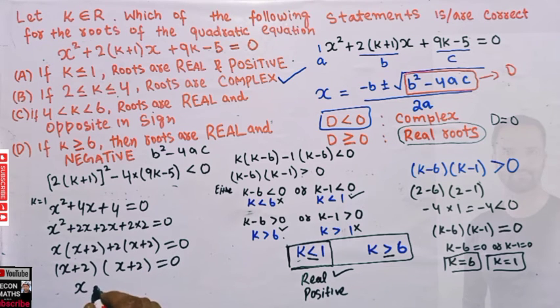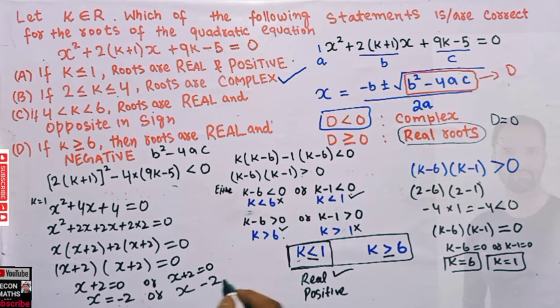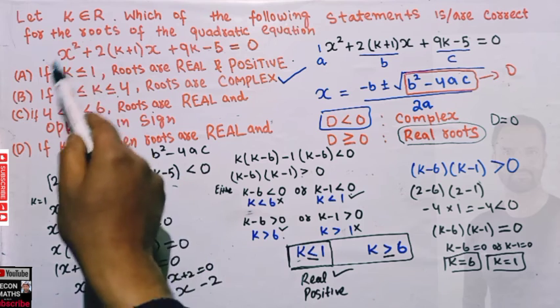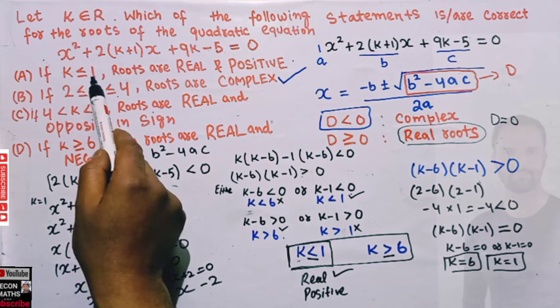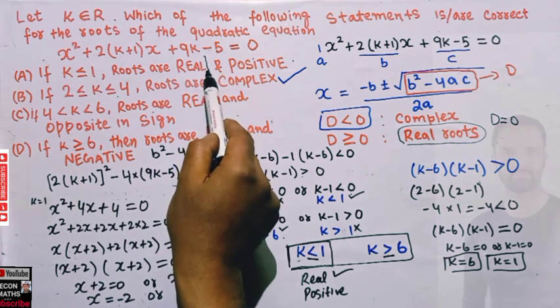Which means either x plus 2 is equal to 0 or x plus 2 is equal to 0. It is the same here, which implies x is, if we transpose this, minus 2, or here also x becomes minus 2. So this thing holds: for k less than or equal to 1, roots are real.